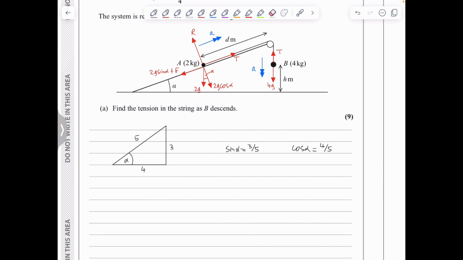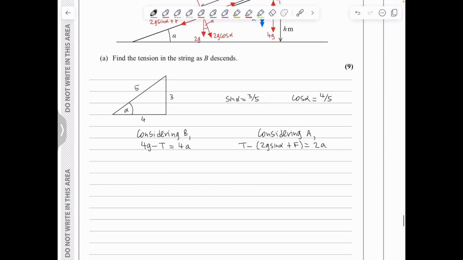Now considering B first, B moves down, so I'll be doing forces acting downwards, 4G minus forces acting upwards, T, is mass of 4 times acceleration a, whereas if we consider A, then we've got A moving upwards, so we've got that T minus 2G sine alpha plus F is equal to mass times acceleration. Remember, it's the same acceleration.